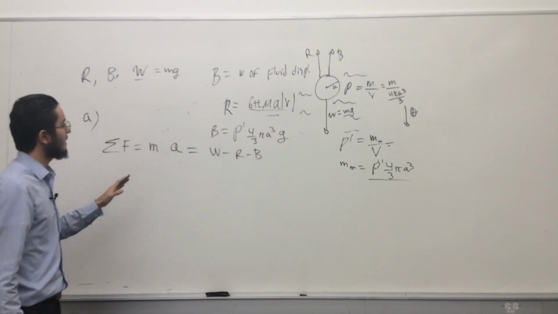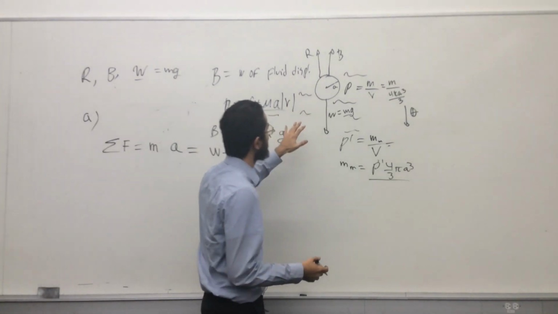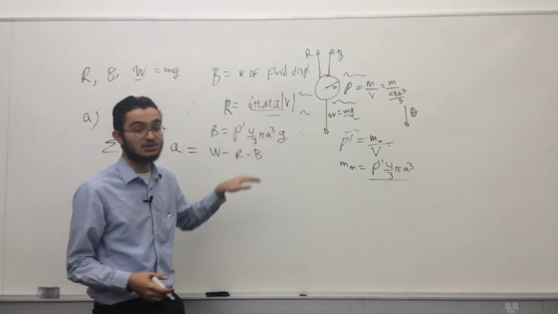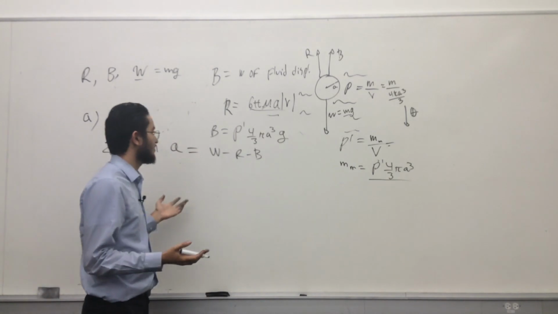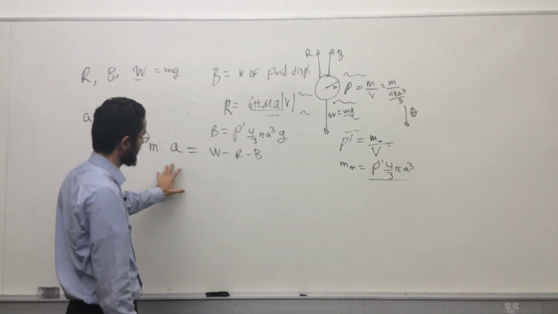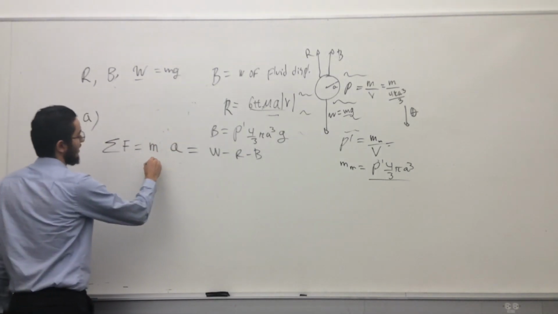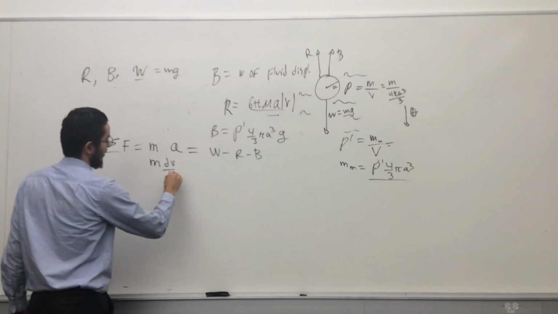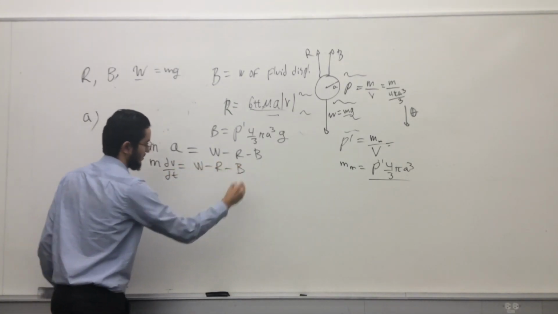Now remember that, because we have a force that is proportional to velocity, the velocity is not going to be constant. So we can write this as a differential equation. This is nothing but m dv dt equals the weight minus the resistive force minus the buoyant force.